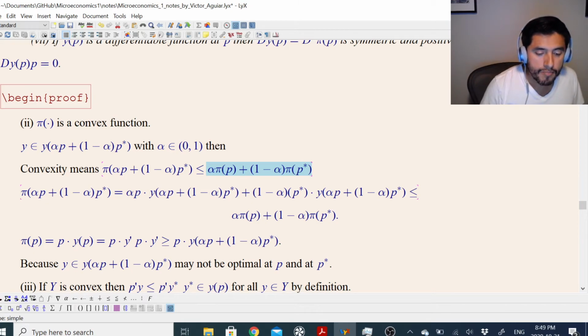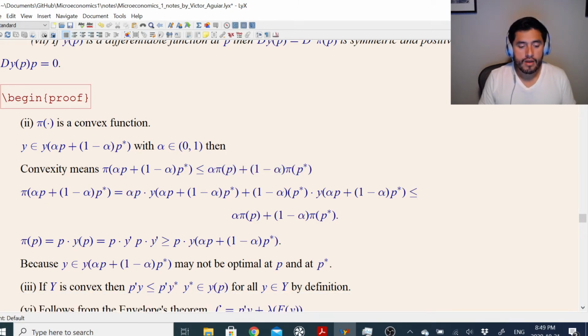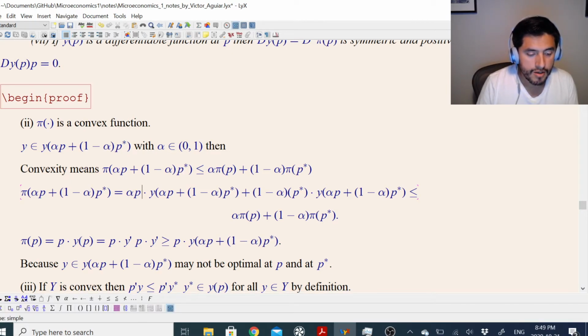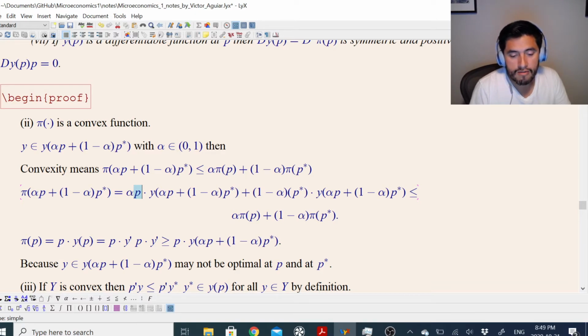Now, how do I prove it? Well, it's very easy. I just take the definition of profits. Profits is prices times the supply function. So by definition of profits here, this is equal to alpha P plus 1 minus alpha P star multiplied by the supply evaluated at this particular intermediate level.